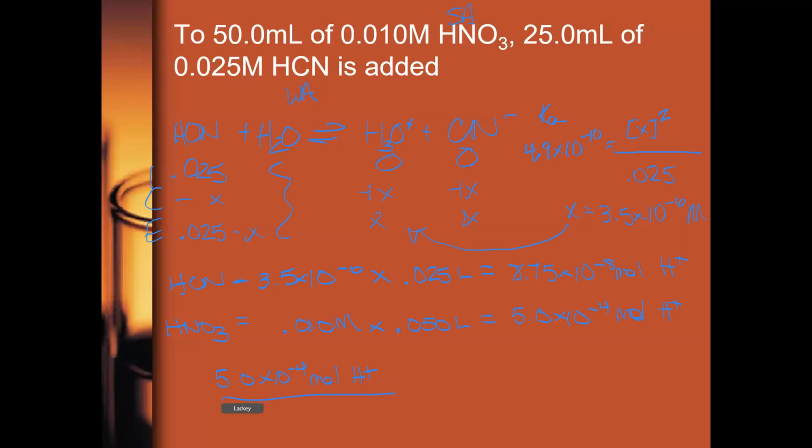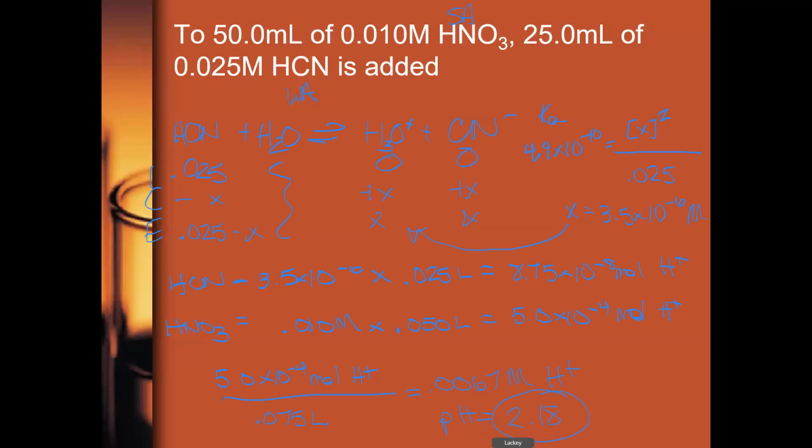Divide that by our total volume, which is 75 milliliters, so 0.075 liters. We get that that's a molarity of 0.0067 molar hydrogen ion, which when we plug into pH is going to be equal to 2.18.